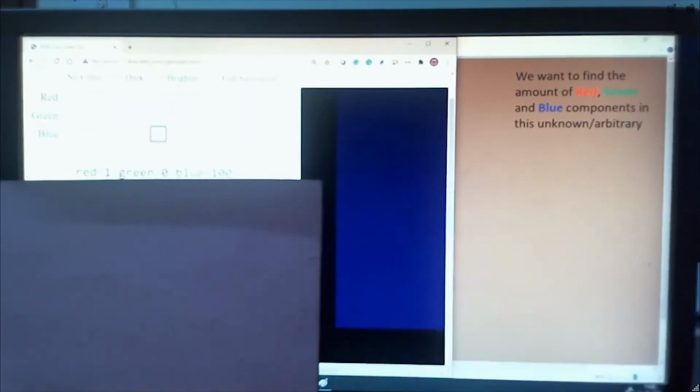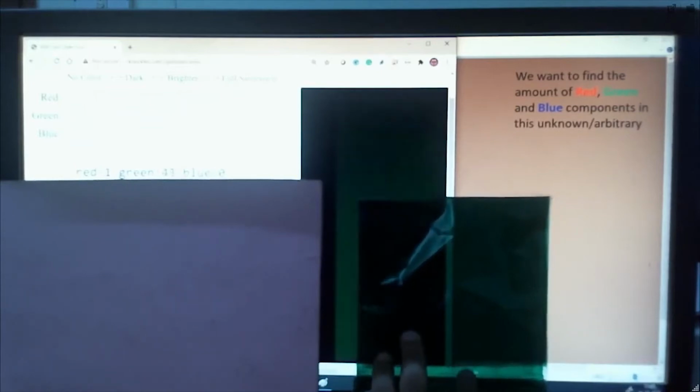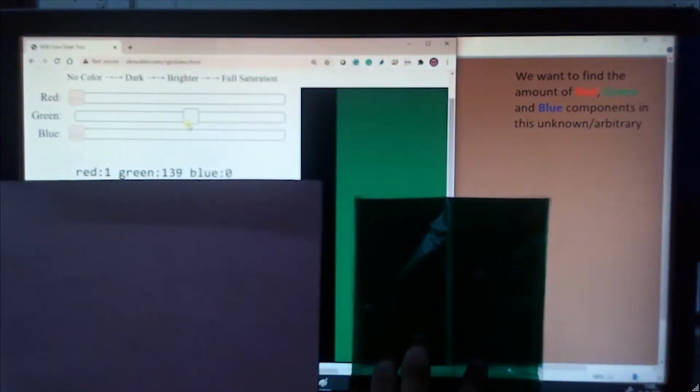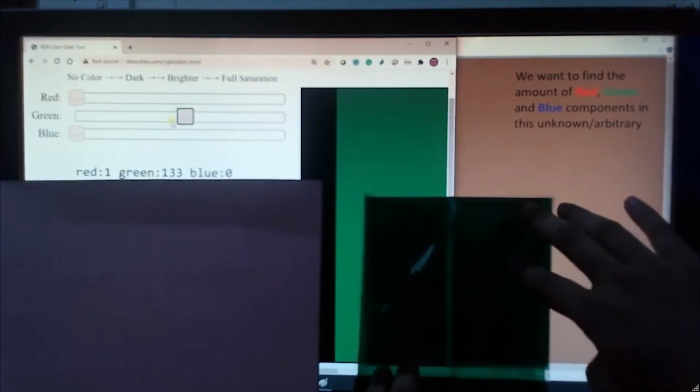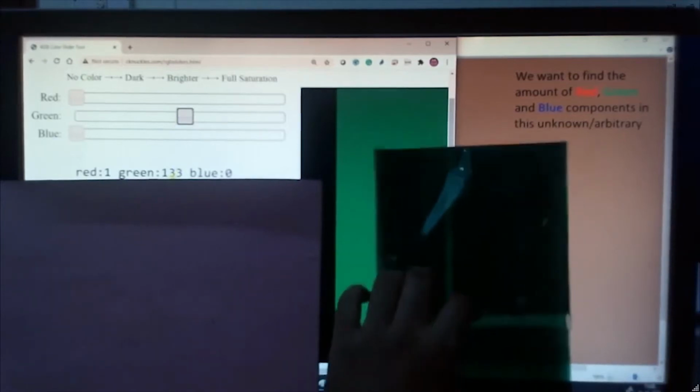Okay, so this value seems close to 100. Remember that. And now the same thing with the green filter. I shall adjust the brightness. I guess now it is almost equal and the value is 133.